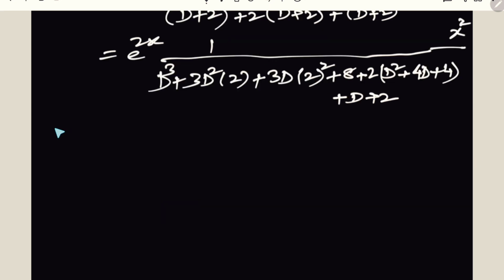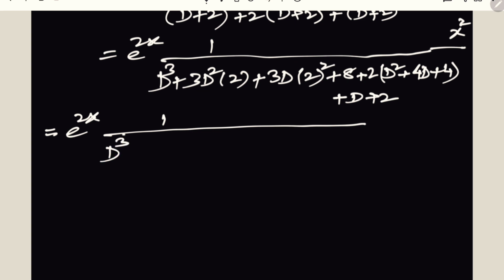Then simplifying it further, e^(2x) as it is, 1 upon, adding the similar terms: D^3 only one term, therefore we write that as it is, D^3. 3 times 2 is 6D^2 plus 4D^2, 2 times 2 is 4, so 6 plus 2 we get 8D^2.